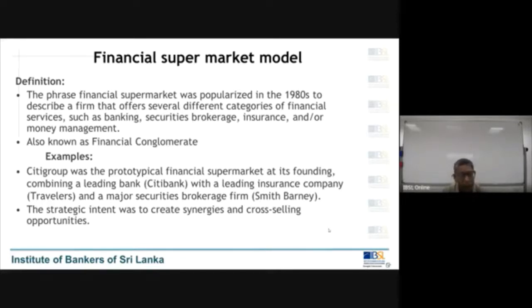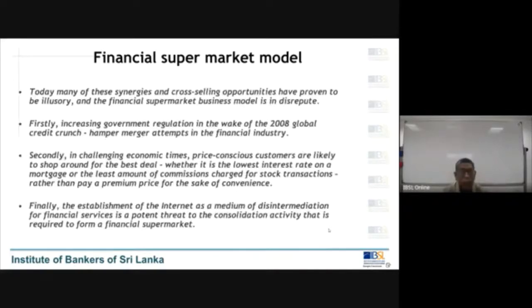The first bank that introduced this concept of financial conglomerate was Citibank. What the financial supermarket model is talking about, basically, is cross-selling opportunities. Rather than one or maybe 2 or 3 financial organizations offering financial products to customers, we have a financial conglomerate.